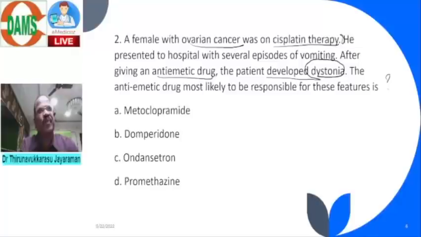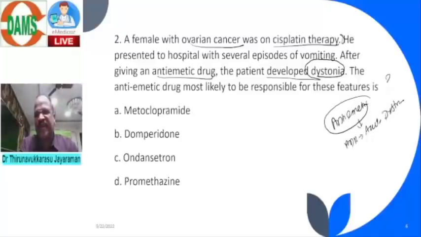Very straight question. The patient was given an anti-emetic drug. Following this, developed the adverse effect of acute muscular dystonia. That means it is one type of extrapyramidal symptom. An anti-emetic causing EPS may be a D2 blocker.